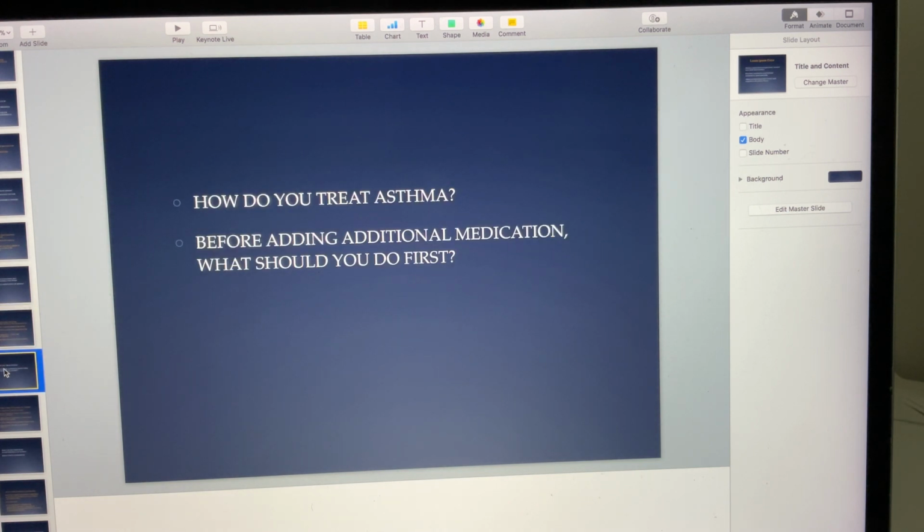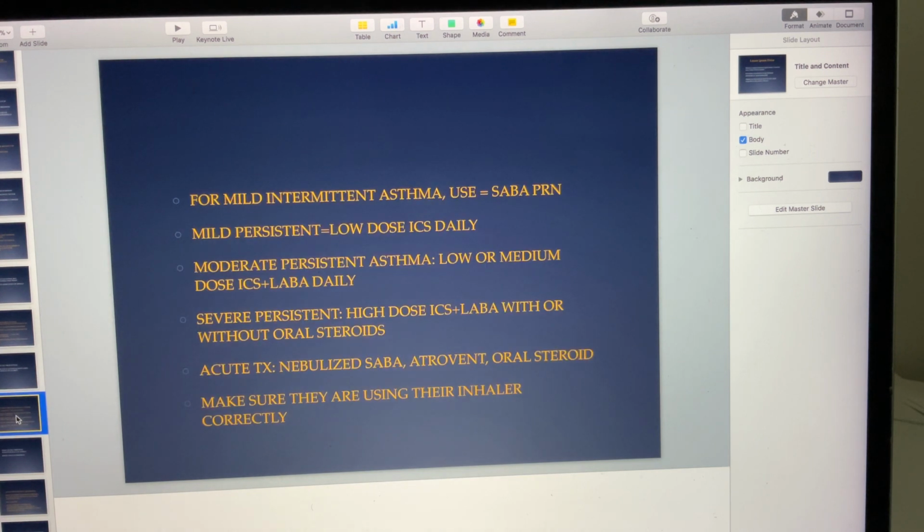Next, how do you treat asthma? Before adding additional medication to someone who has asthma, what should you ensure first? For mild intermittent asthma, you use SABA, your short-acting beta agonist, as needed. That's albuterol.